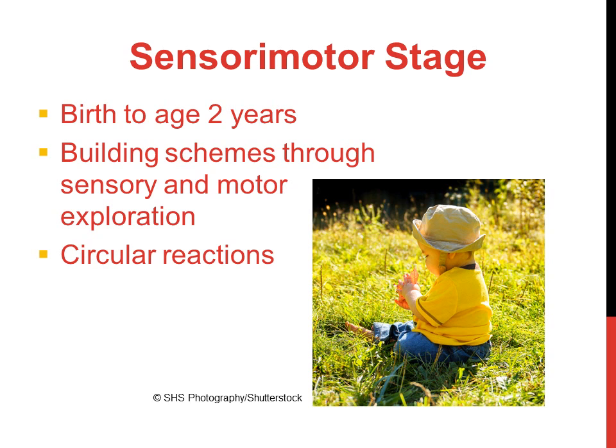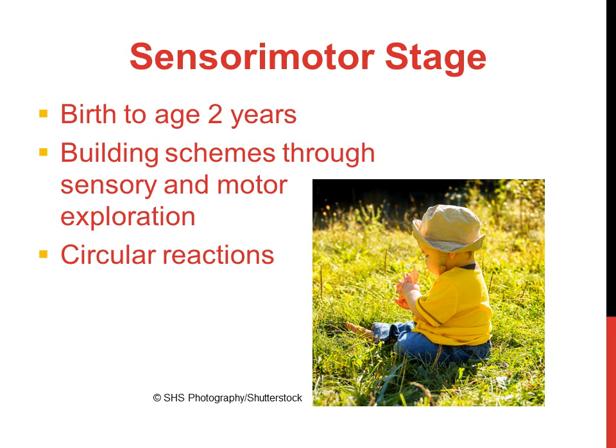Another good example, thumb sucking. So perhaps initially the child accidentally puts her thumb in her mouth and it produces a pleasurable effect. She's like, wow, this is great. This is really soothing. I like this. In the future, then, she's going to keep doing that, right?